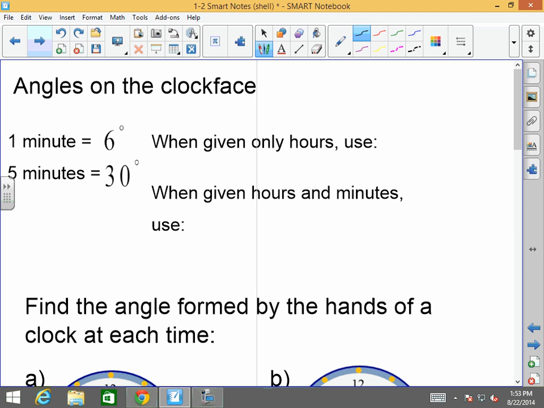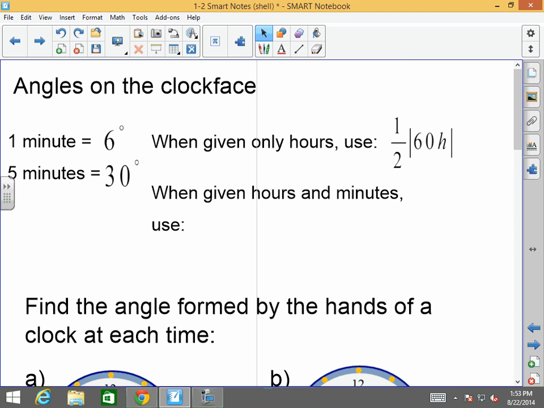So if I just give you hours only, for example, I tell you, find the degree measure of the clock face when it's 2 o'clock or 5 o'clock or 10 o'clock or 12 o'clock or 1 o'clock. If it's just hours, I want you please to use that formula: 1/2 of 60 times h, where h is the actual hour that is given.